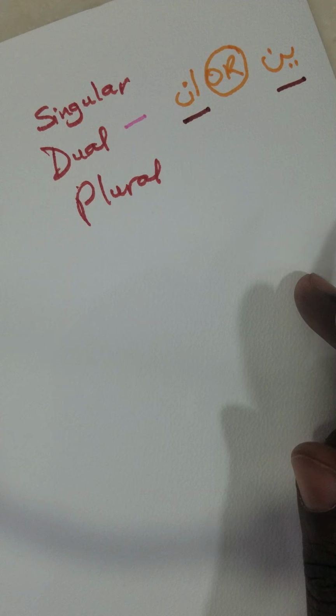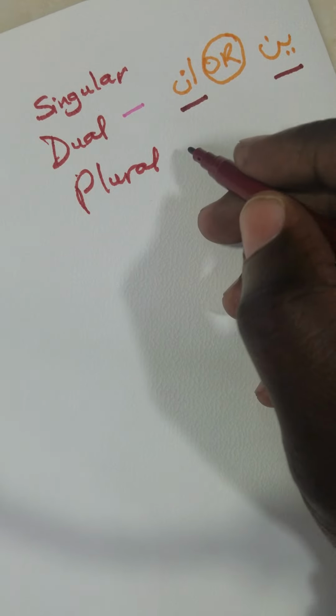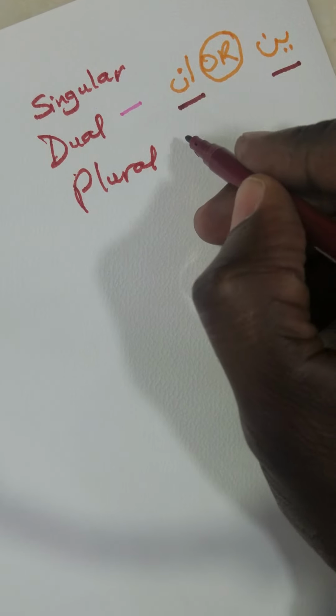Then for plural, if you still remember what happened, we said that for plural we shall be adding una. I think you remember una or ina. Something like this.